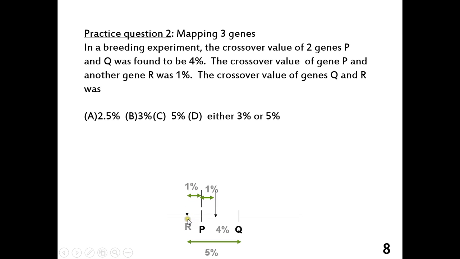So it could be 1% to the left of P, or 1% to the right of P. With that in mind, the crossover value of R to Q can be either 3% or 5%. So therefore the option will be D.